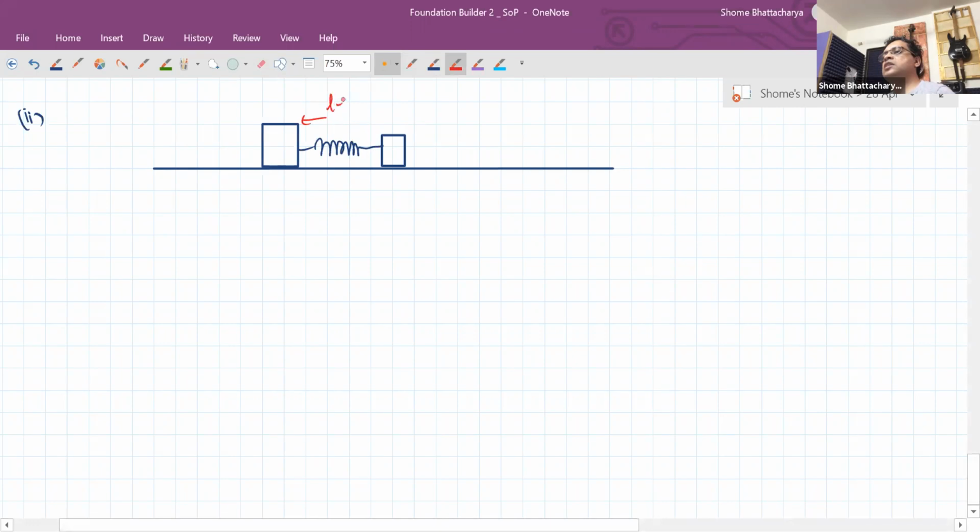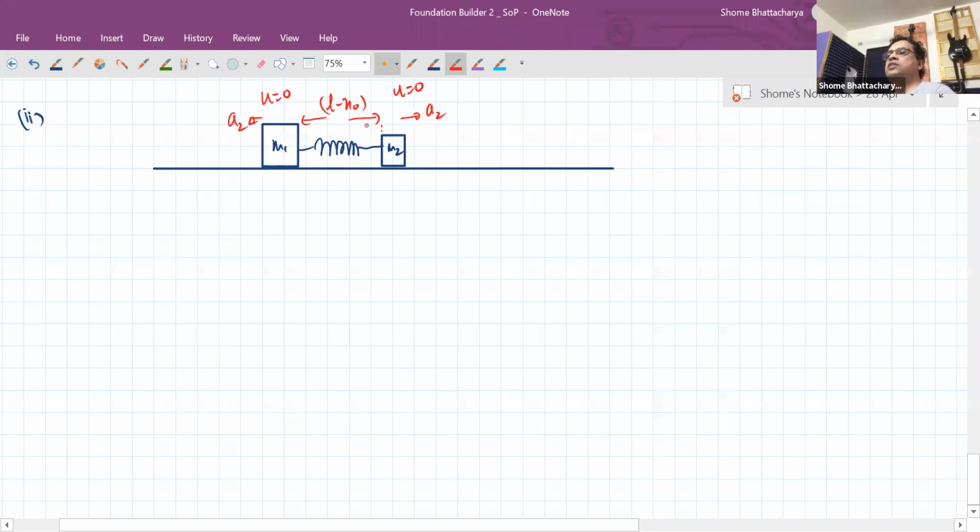So this distance is L minus x naught. Both the blocks are at rest right now, but they are having strong amounts of accelerations, A1 and A2.